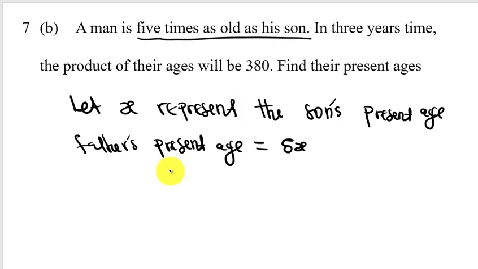So the son's age is x and the father's age is 5x. Then the question said, in 3 years' time, you ask yourself, in 3 years' time, what happened? In 3 years' time, the product of their ages will be 380. So in this case, what you have to do is find their ages in that 3 years' time.